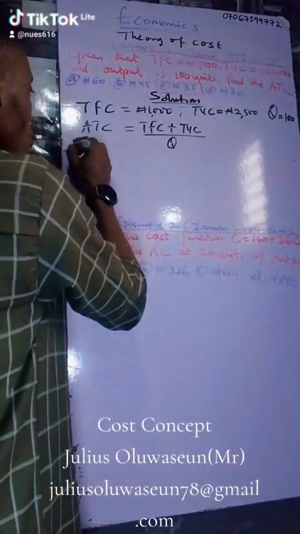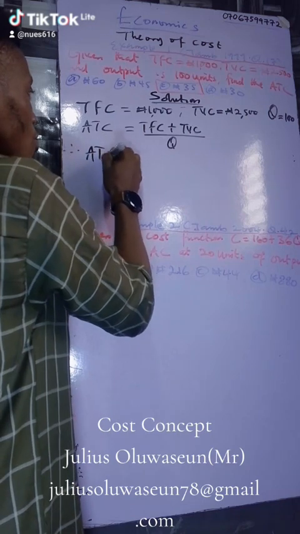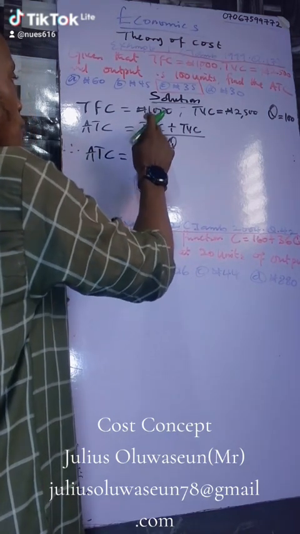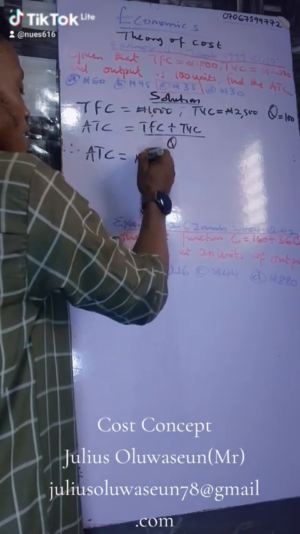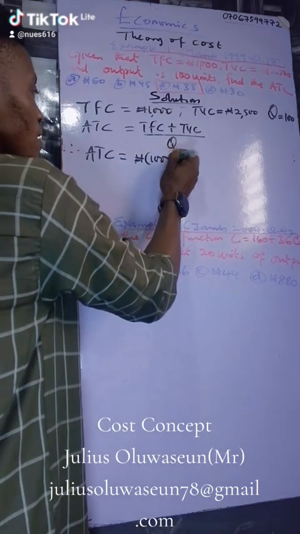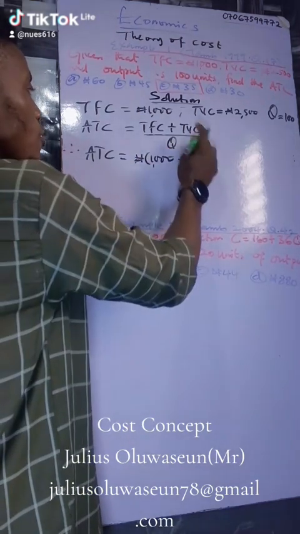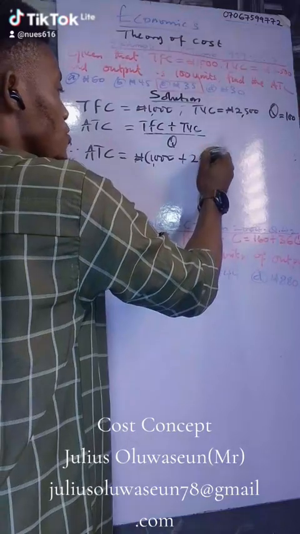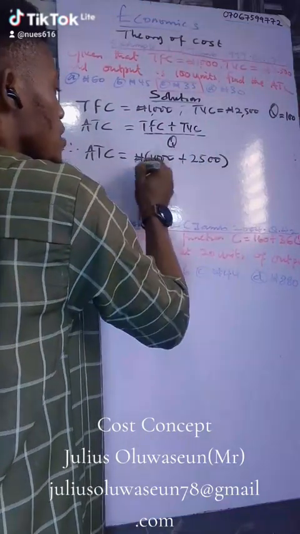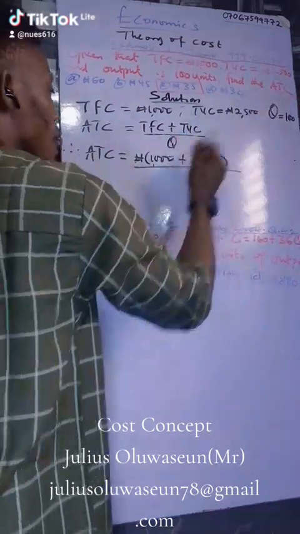So our average total cost is equal to the total fixed cost, 1,000 naira, plus the total variable cost, 2,500 naira, all over Q, which is 100.